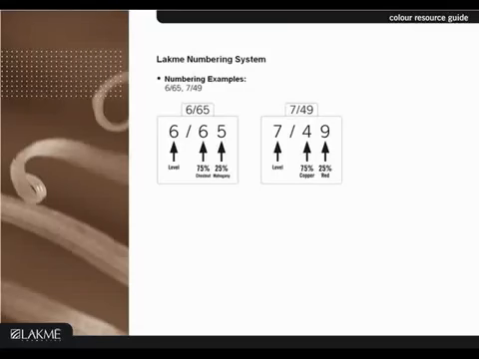Let us review the Lakme numbering system in a few examples. To the far left, we have a color indicative of 6/65. The first 6 is indicating the level or the lightness or darkness of that particular color. If you can recall the numbers for the leveling system, 6 is a dark blonde. Then we have a stroke, and we have a 65. The first number after the slash, the 6, is indicative of the primary tone of that particular color.